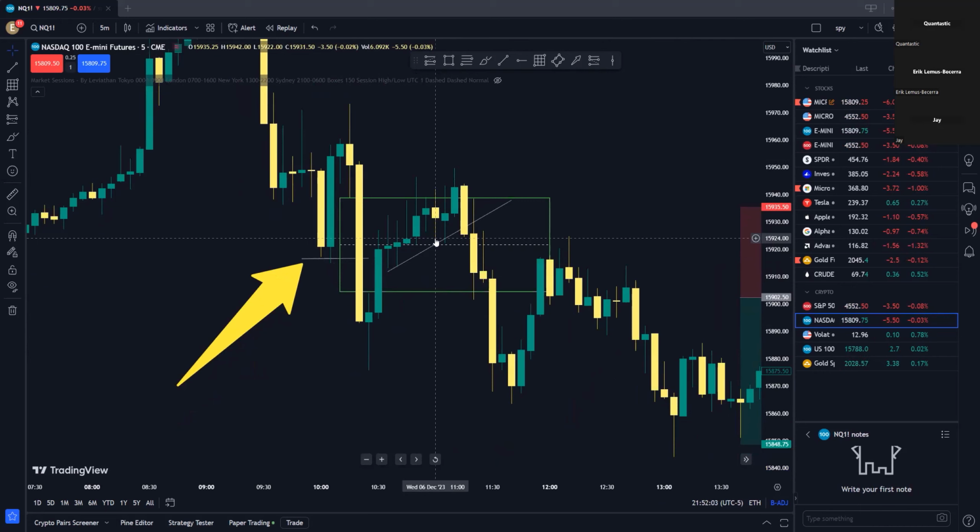It ended up stopping her afterwards. But throughout this whole time, I was in shorts to the downside, and NQ was showing upward momentum. That right there is the divergence we had. She was in longs because of that divergence, and I was in shorts because of that. So it could have been a 50-50 in the end, right? But obviously the market wanted more downside rather than upside.